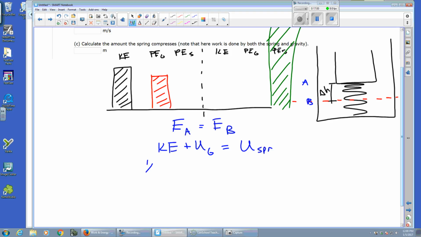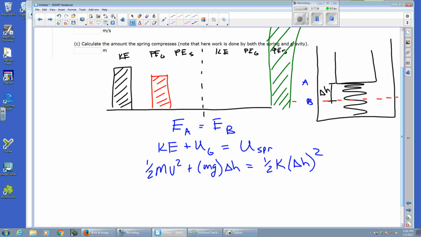So this is going to be 1/2 mass speed squared plus mg delta h, and this is going to be 1/2 k delta h squared. They want to know delta h, right?